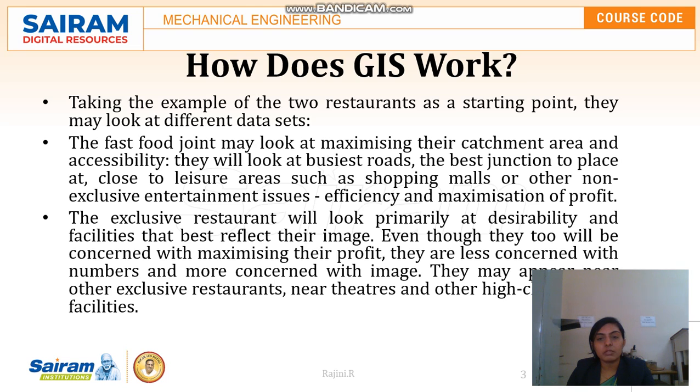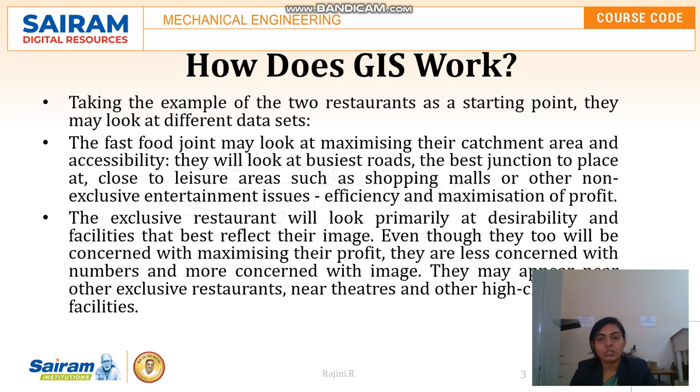They will look at the busiest roads and best junctions, close to leisure areas and crowded areas such as bus stations, railway stations, or shopping malls, with efficiency and maximization of profit in mind.